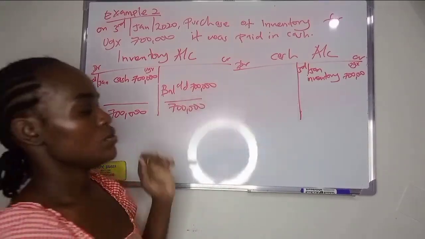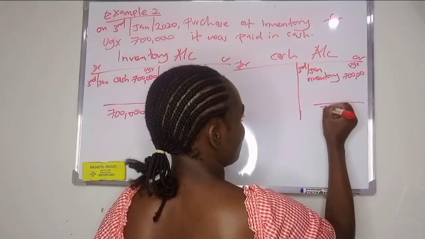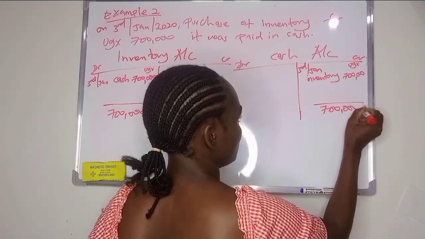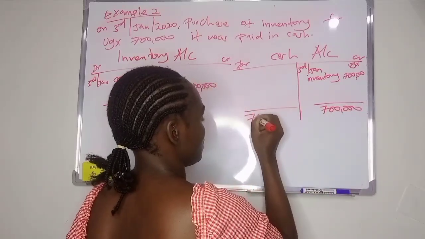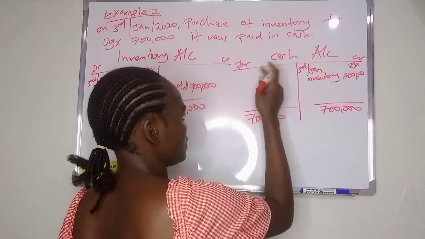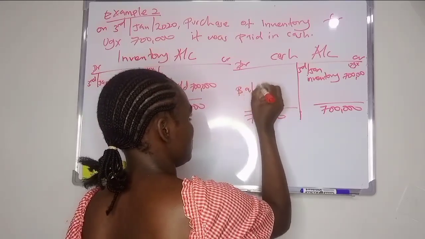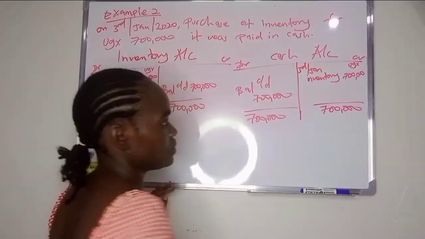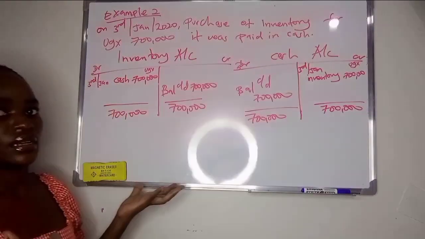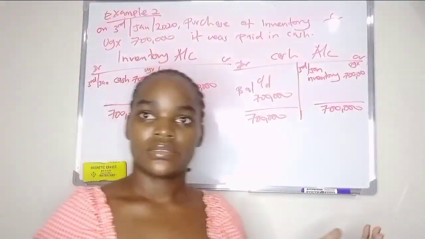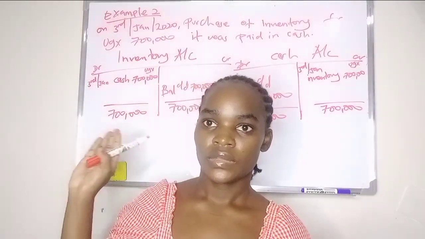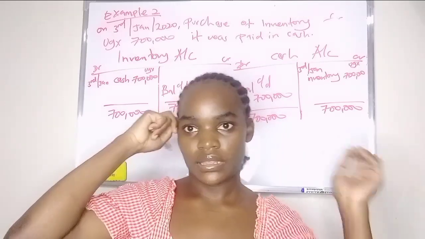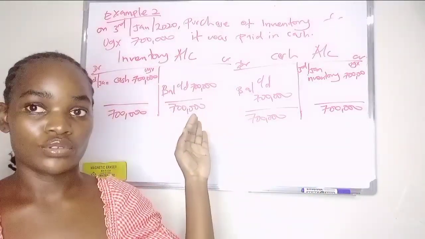Then we come this side too. 700,000, then 700,000 minus 0, so balance carried down is 700,000, and that is how it is. So those are some of the examples of T accounts.